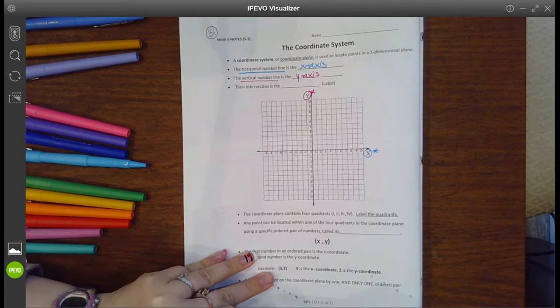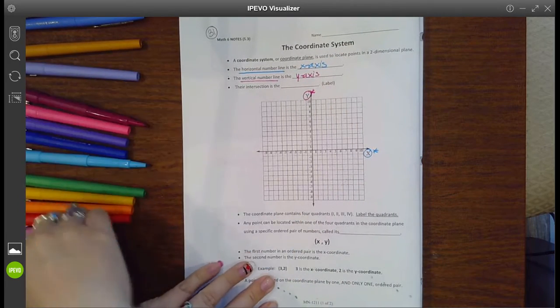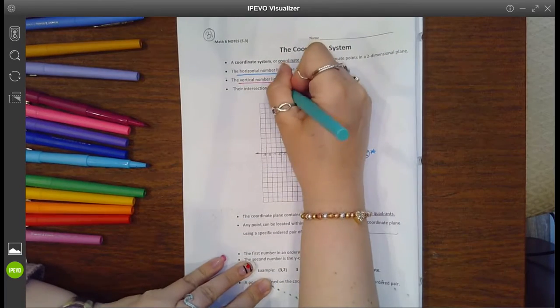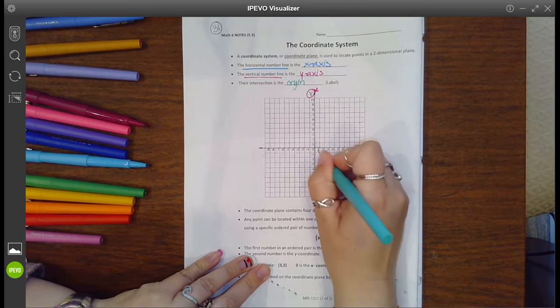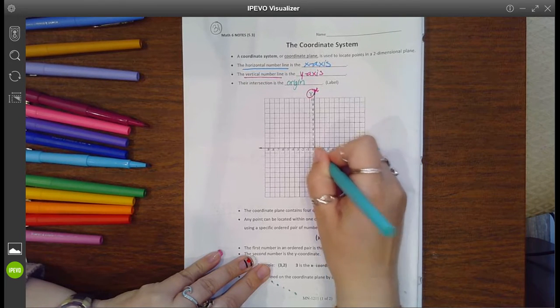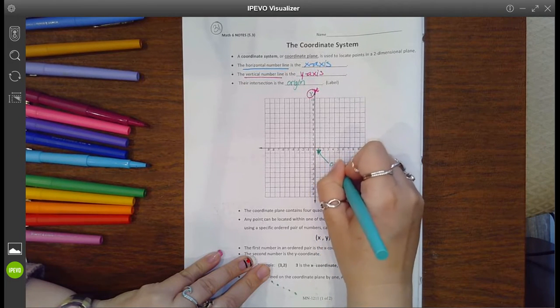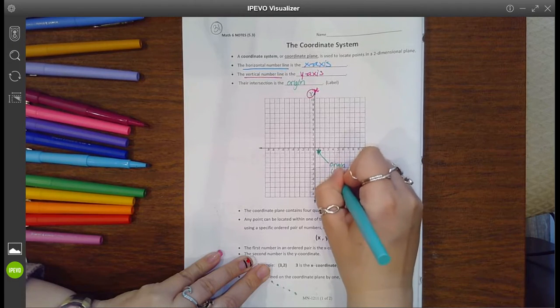Their intersection in the middle is known as the origin. Right there where they intersect is called the origin, and that meets at 0, 0.